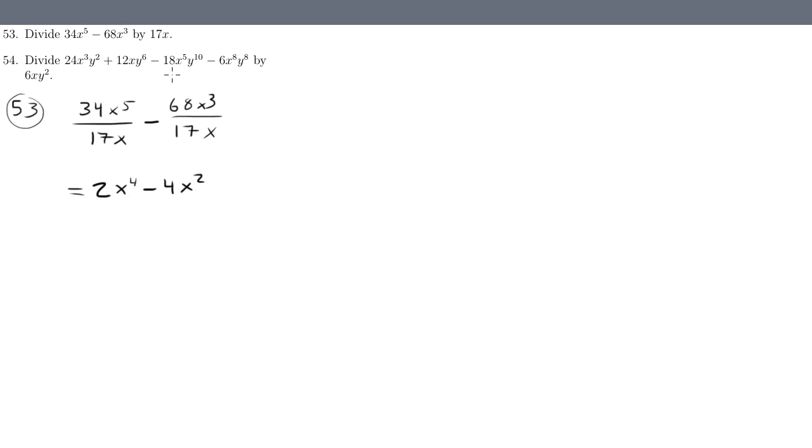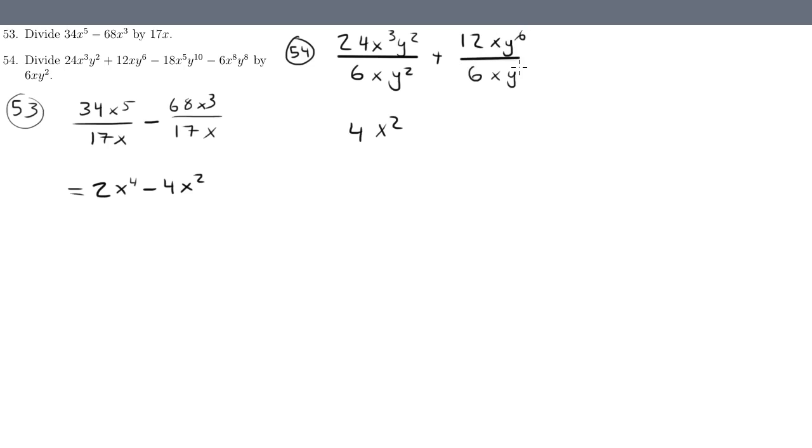Great. And then for 54, we had to go and ruin it by having a whole bunch of terms and a whole bunch of stuff happening. 24x cubed y squared. We're going to divide that by 6xy squared. So we'll get 4x squared. 12xy to the 6th. We're going to divide that by 6xy squared. So that'll give us 2y to the 4th.